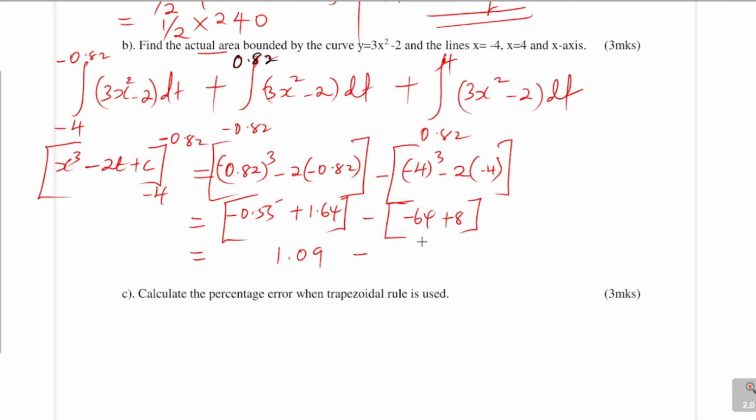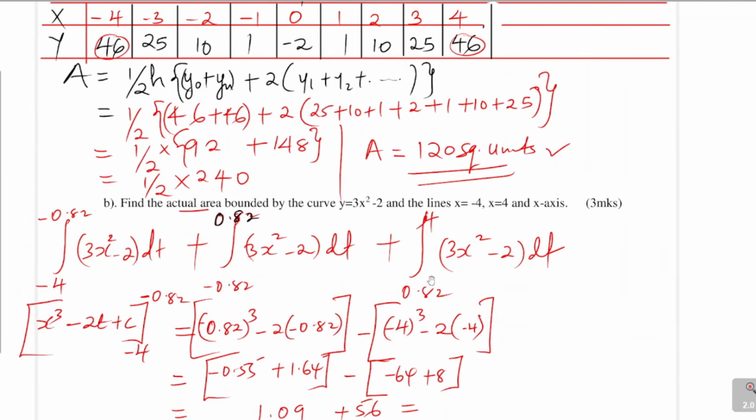Subtract negative 56, so it will be plus 56. When you open the bracket, subtract negative 56, so it will be positive 56. And this one will give 57.09.